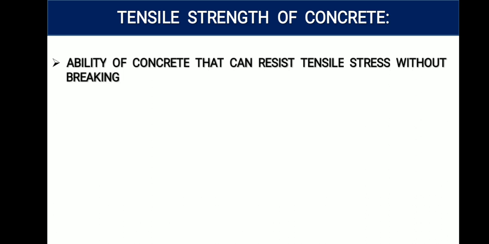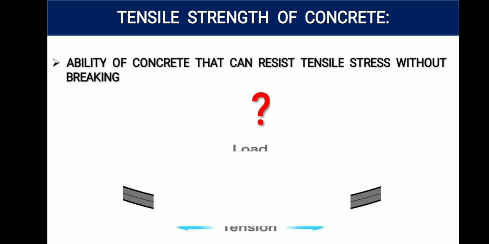Now the next question is, why is tensile strength of concrete important, and why do we need to know it? Because concrete is always weak in tension and strong in compression. So we have to provide reinforcement bars in concrete so that concrete doesn't fail. Tensile strength of concrete is always very low compared to its compressive strength.